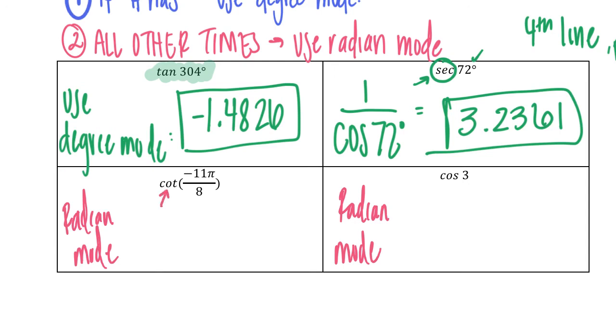Cotangent is not a button on your calculator, but we know that its reciprocal is tangent. So we'll do 1 divided by the tangent of that whole fraction, negative 11 pi over 8. Let's try it out. You have 1 divided by tangent of negative 11 pi divided by 8. Close your parentheses, and you know you've done it correctly if you get negative 0.4142.